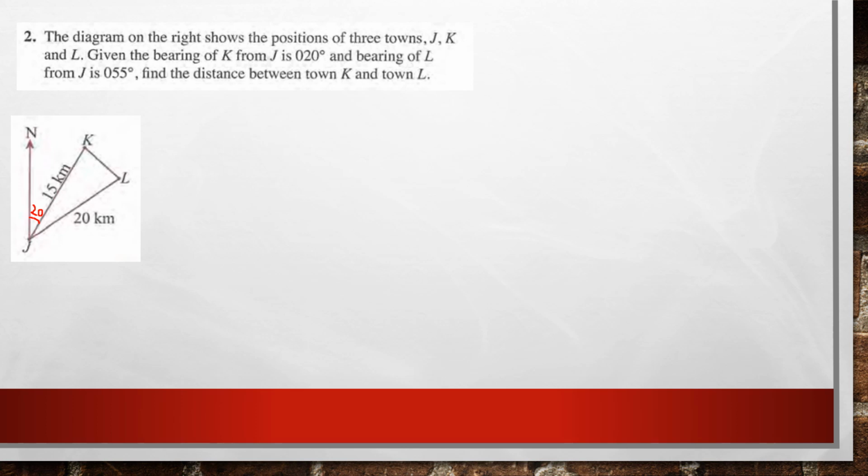So this part from the north to the line JK is 20 degrees, and the bearing of L from J is 55. That means the whole angle from north until the line JL is 55. That means this part will be 55 minus 20, that is 35.